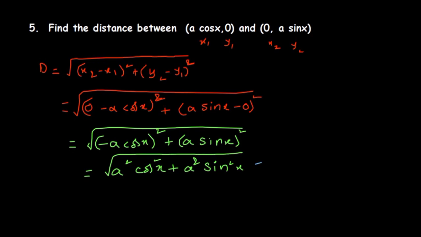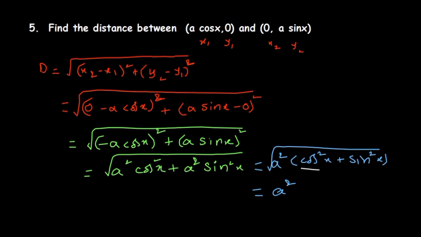So we take a square common from this, then it is cos square x plus sin square x. So a square into, because cos square x plus sin square x, from trigonometry identities you know very well, this is 1.